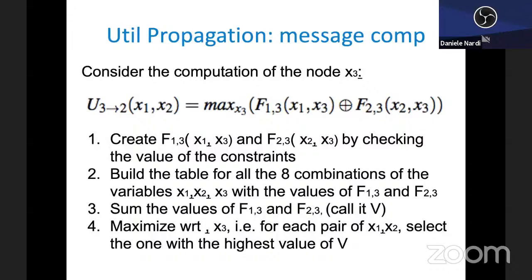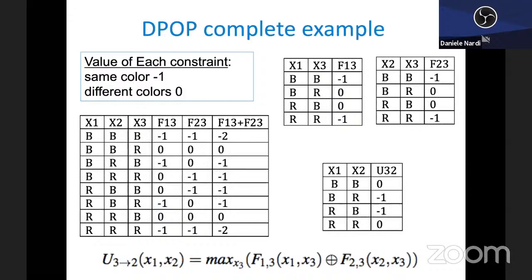Because our problem is a discrete problem, we represent functions as tables, and we use the join of these tables, the projection of these tables, and then the sum of the costs for the entries of the tables. And let's see in this example what we are talking about.